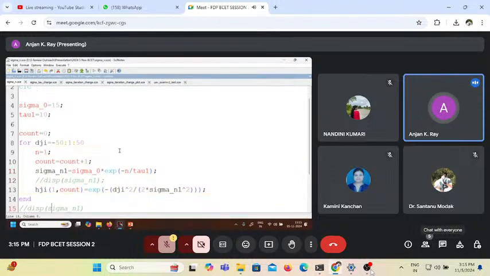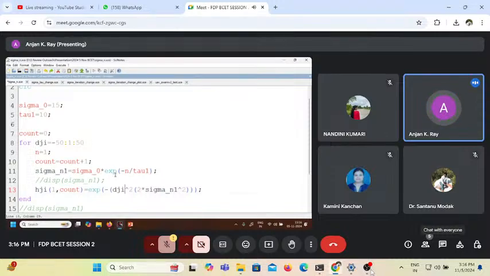In that case, for each case, sigma is changing using this formulation as mentioned earlier, and the neighborhood function is found out by this distance. This distance is changing, as you see in line number 8, and the width remains the same.